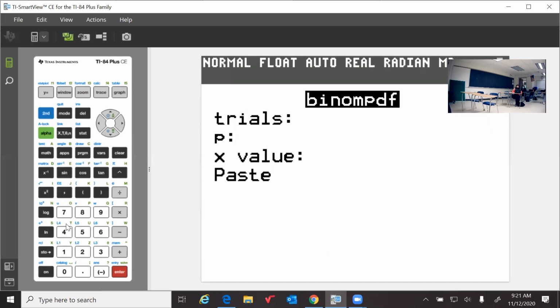How many trials? 7. What's the probability that the elk survives? 44%. What's our X value? It's 1.